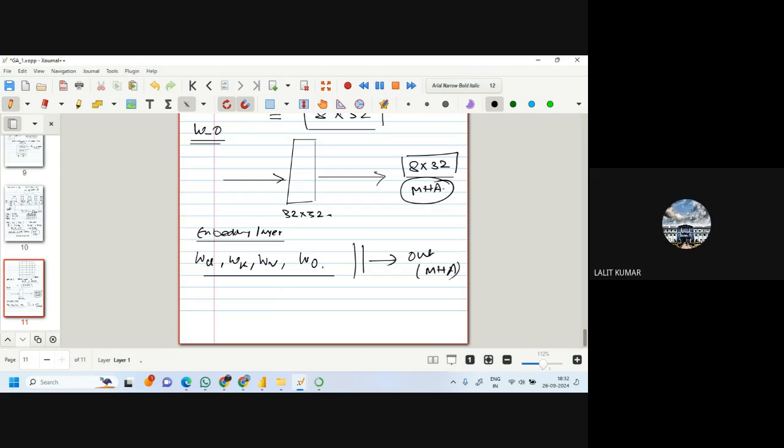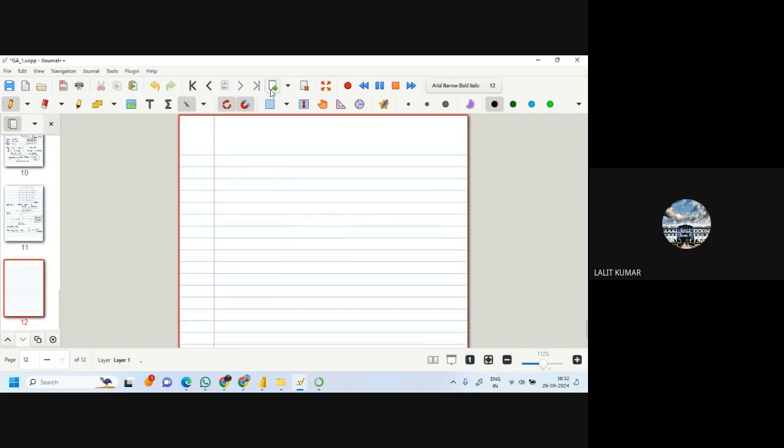Got it. Okay. So now the second part is, from the MHA we feed it to the feed forward network, FFN. For example, if I take a batch size of 10, I have got an output 8 into 32, which is the same as my input size. I pass it through the hidden layer using a ReLU function.